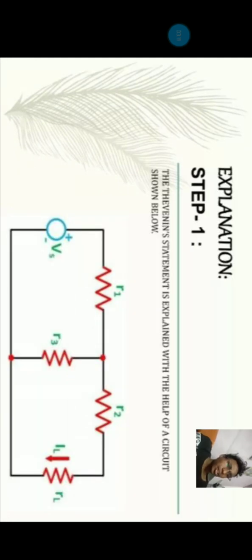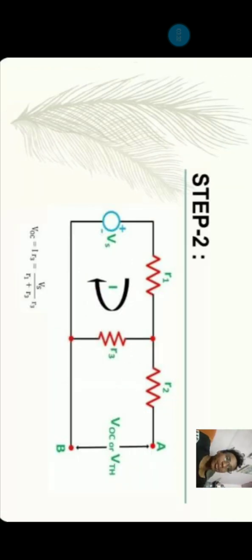Suppose we must calculate RThevenin: the voltage source will be short circuited, the ammeter will be open circuited, and the load resistor across which we are finding must be an open circuit. Like this, some conditions apply when calculating for the circuit.